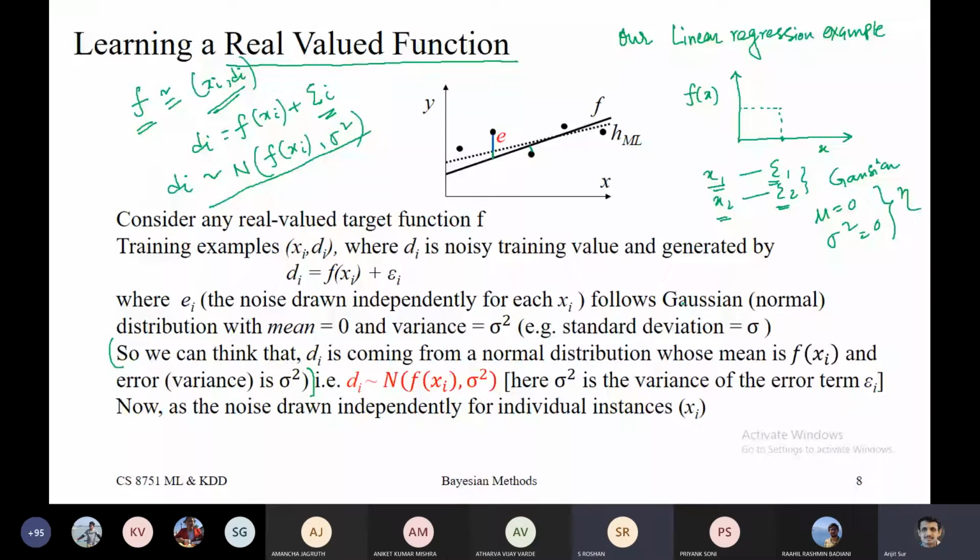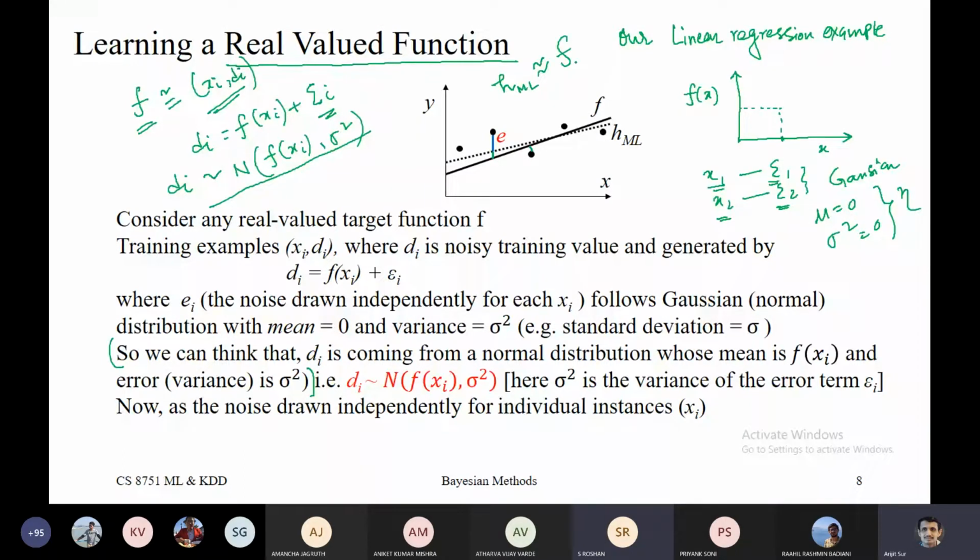So now what is our target? Our target is to find f, but don't confuse it, f is the actual function. What we actually have to find is h. We use h of ML because we try to find the maximum likelihood estimator of h such that it can approximate f.